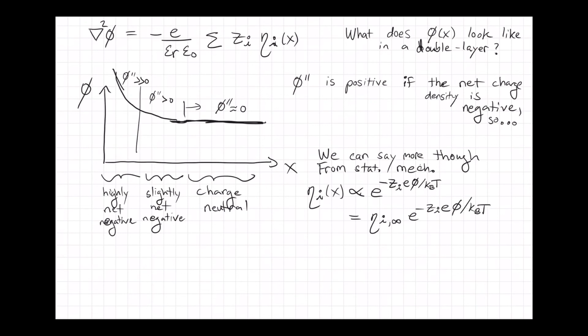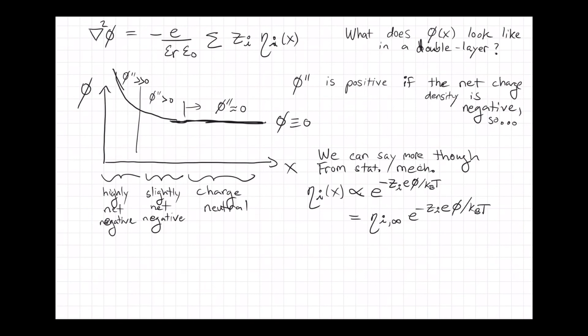But we can figure out what that constant of proportionality is by looking at the place where that chemical potential is 0. That happens to occur when we're in the bulk of the fluid, so I'll just define the number density of the bulk of the fluid as the prefactor, and everything works out nicely.